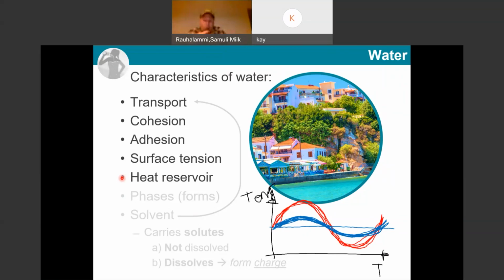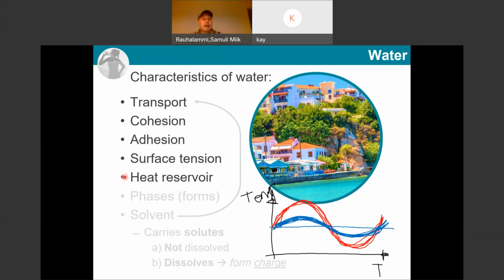We get that warm blood from the core of our body and transport the heat with that blood to these areas as the circulatory system carries warm blood to these parts. So we're able to transport heat from one part to another with the water. I think that water radiators are a good example of this as well, a method of transporting heat from one room to another to be able to heat up the house.